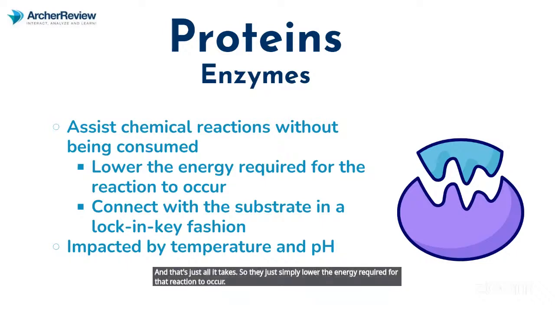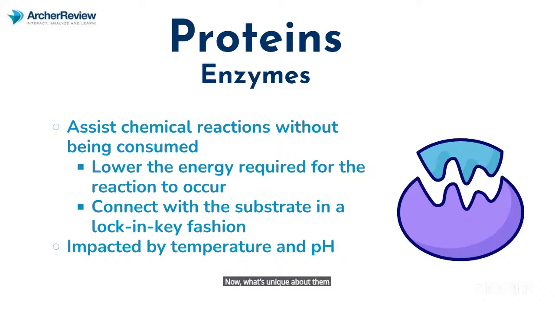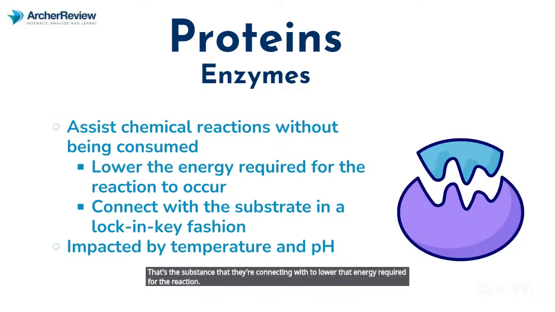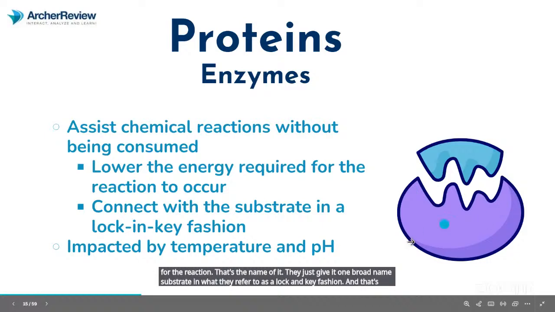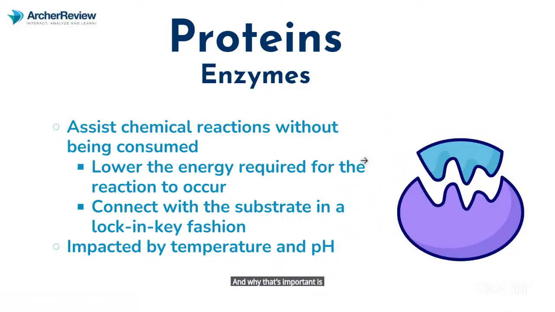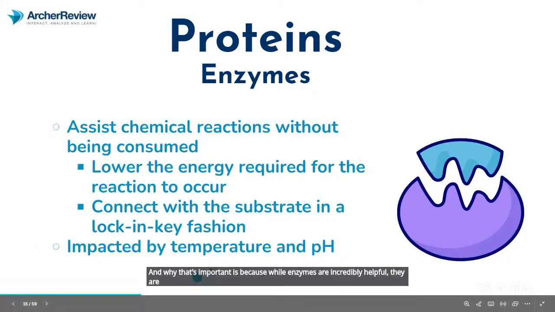Now, what's unique about them is they connect with their substrate. That's the substance that they're connecting with to lower the energy required for the reaction. They give it one broad name, substrate, in what they refer to as a lock and key fashion. And that's what we see in our visual here. And why that's important is because while enzymes are incredibly helpful, they are very impacted by temperature and pH.